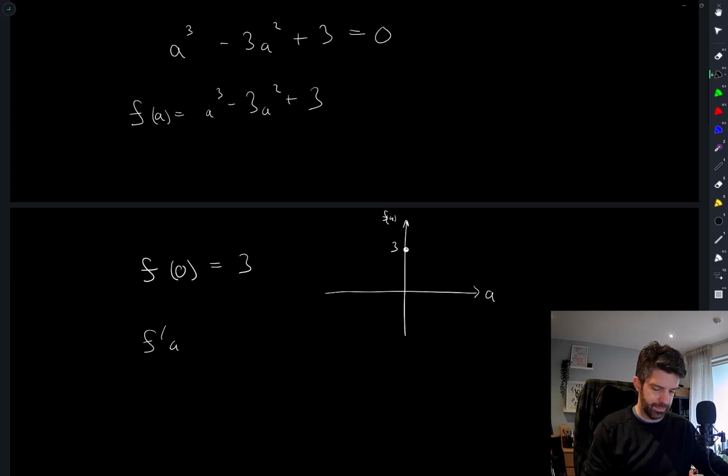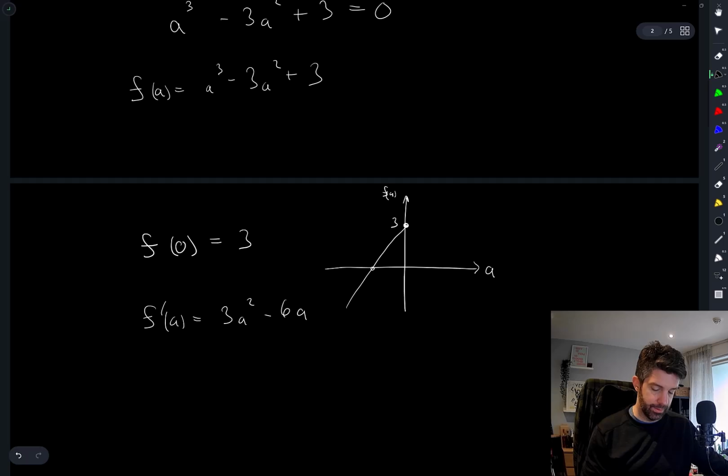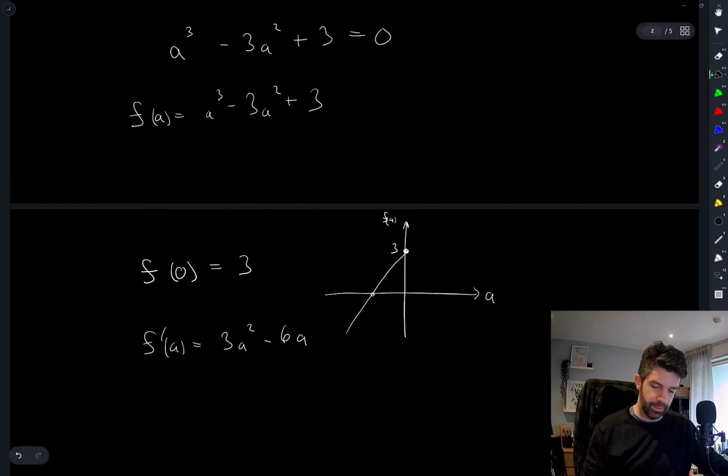What is that f prime again? f prime of a is equal to 3a squared minus 6a. When a is negative, this is positive, so it's always increasing. Okay, so I had that completely backwards before. It might have a turnaround of some sort.